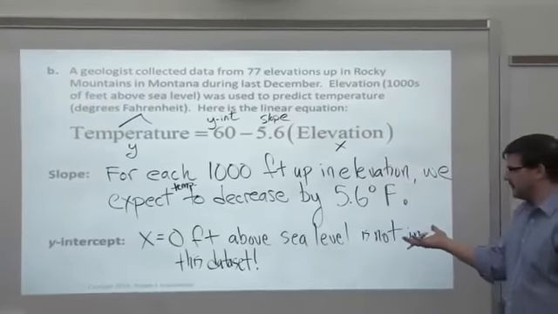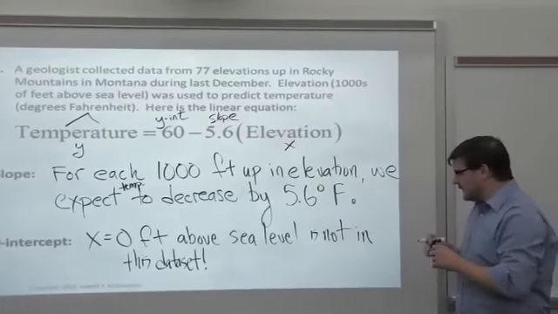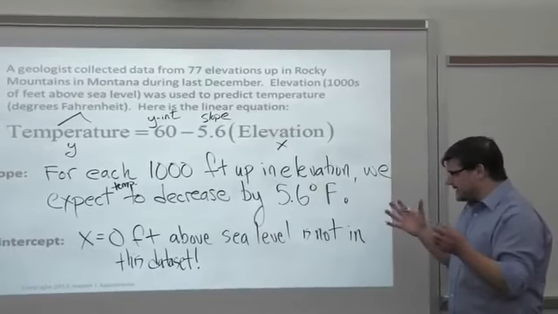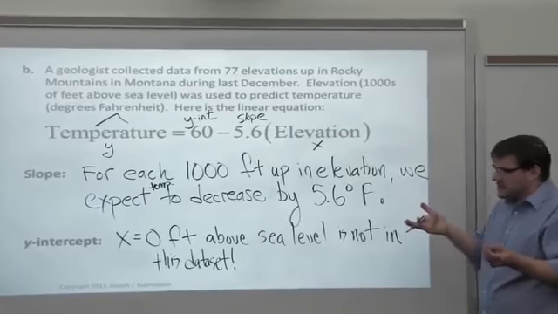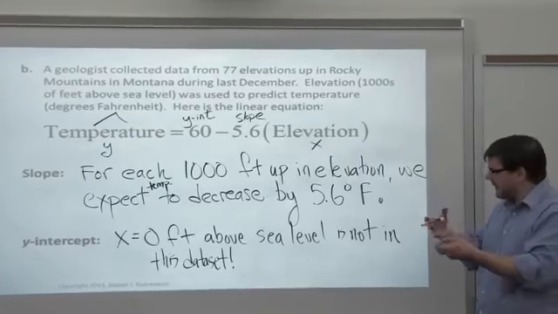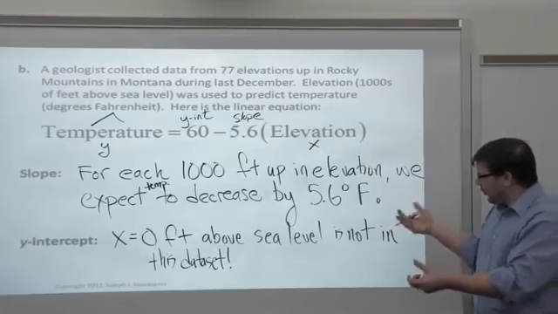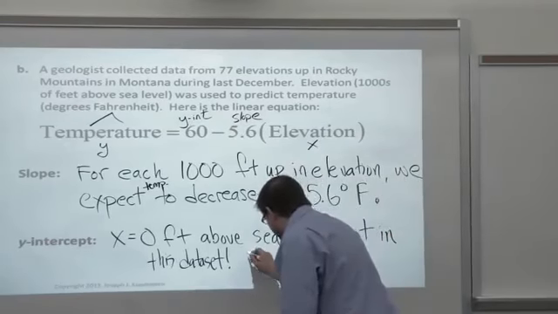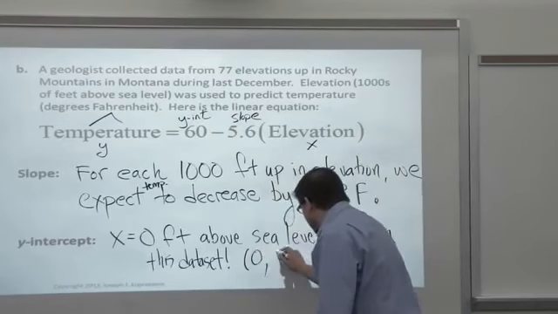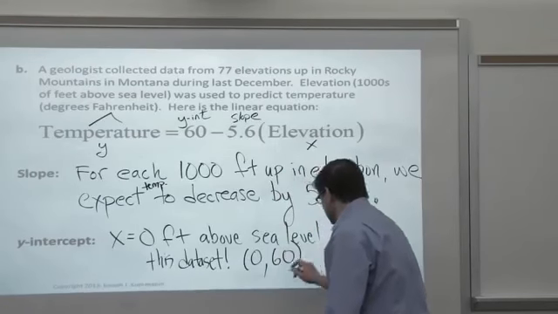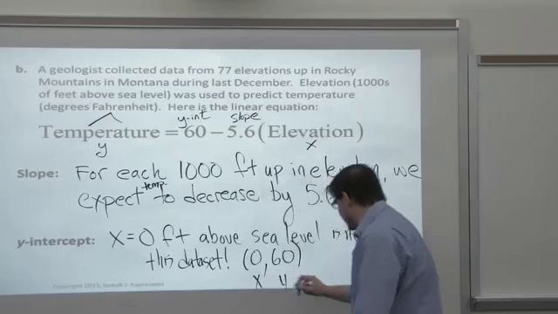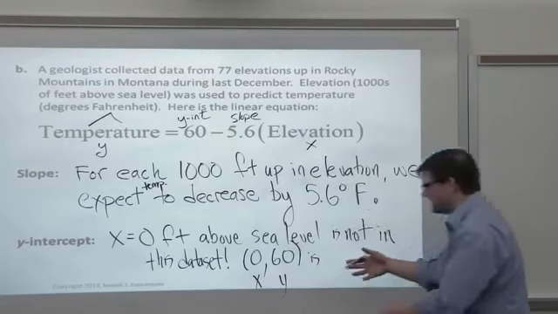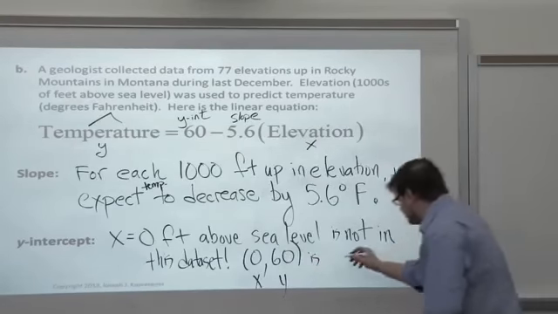If you understand the problem, you know that we're up in the mountains. So that means the y-intercept is really not interpretable. It's just a point on the graph. If I graph the equation, this point would be 0, 60. This is x equals 0 for the y-intercept. The y-intercept value is just a point on the line.